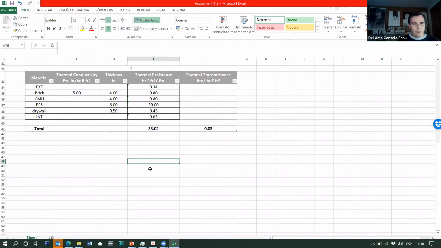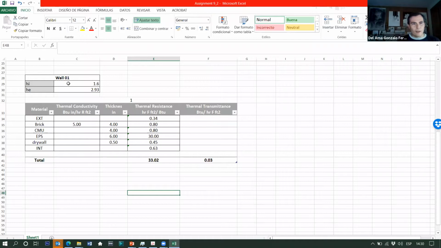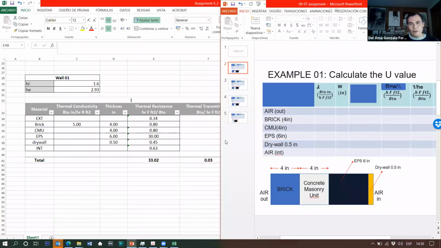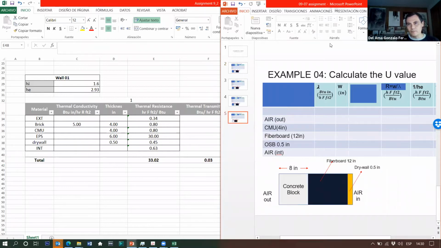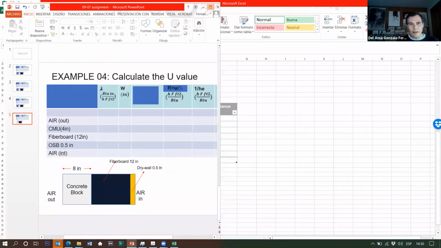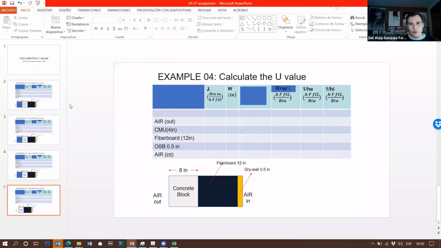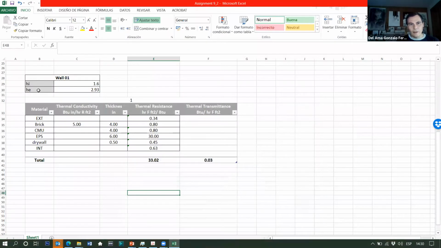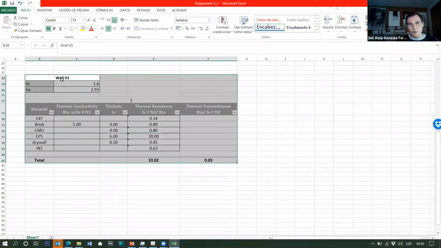Okay, so this is wall 1. What can you do? For this assignment, you can submit the Excel file with walls 1, 2, and 3.